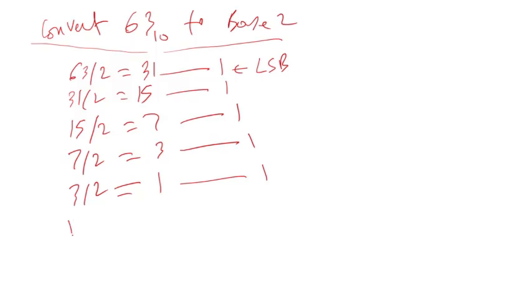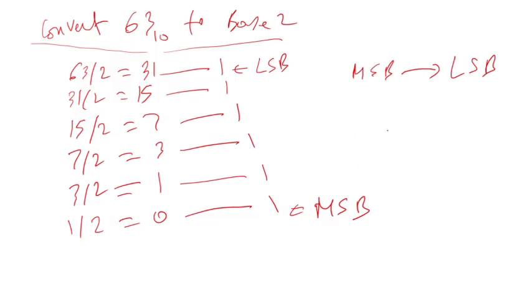And 1 divided by 2 is 0 with a remainder of 1. This is the most significant bit. And the way we write it, most significant bit to least significant bit, that means we start with this one here: 111111, base 2.